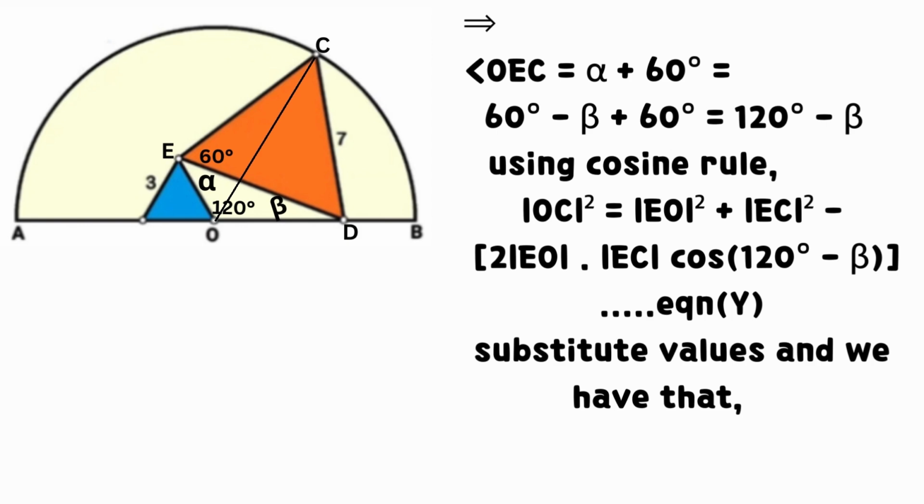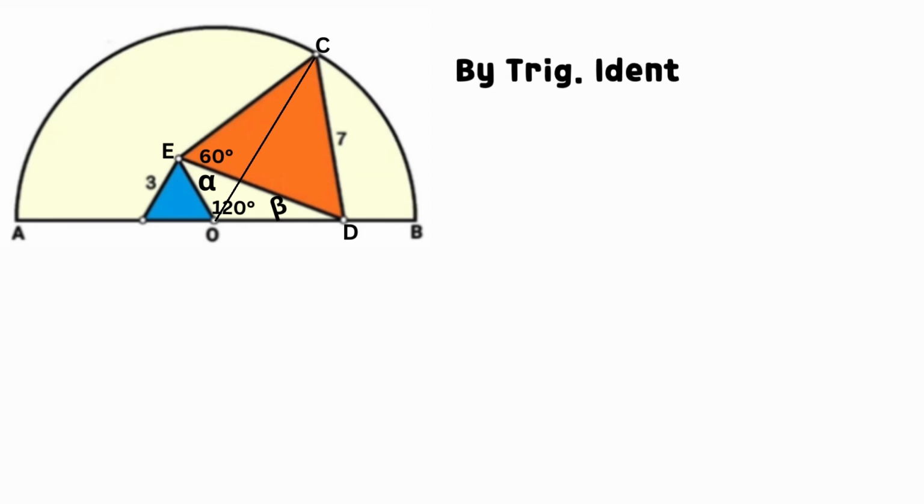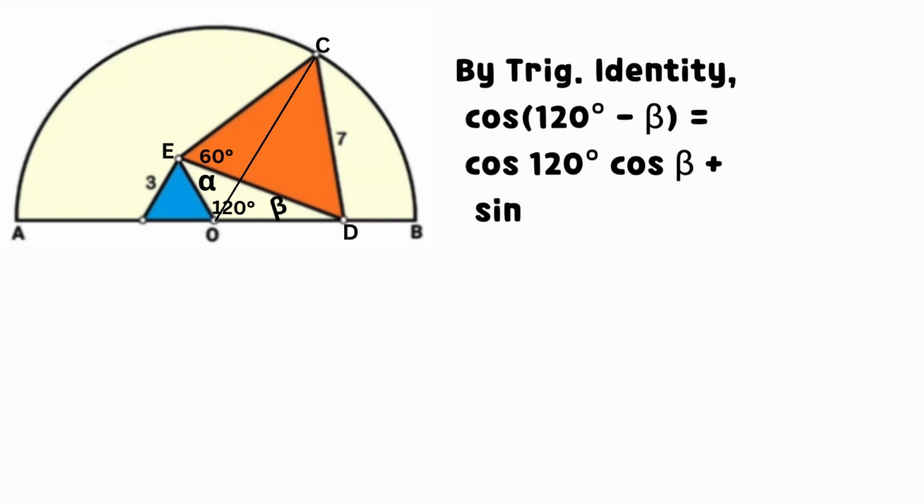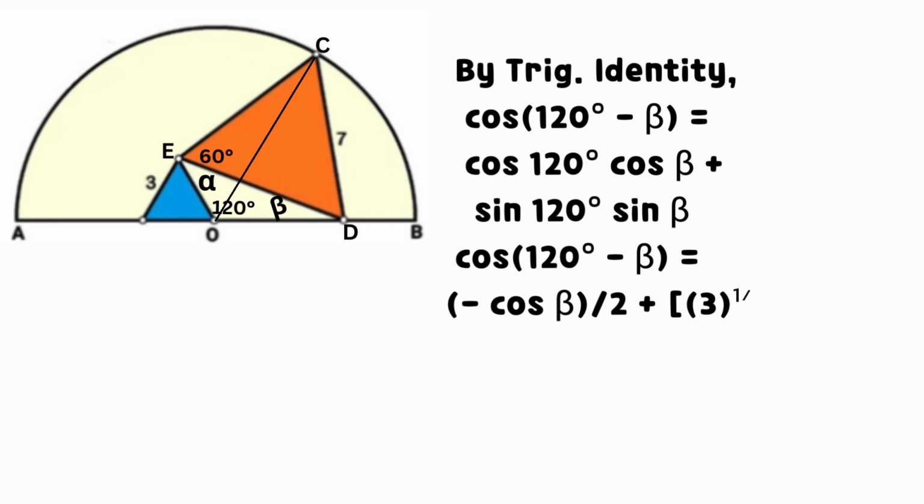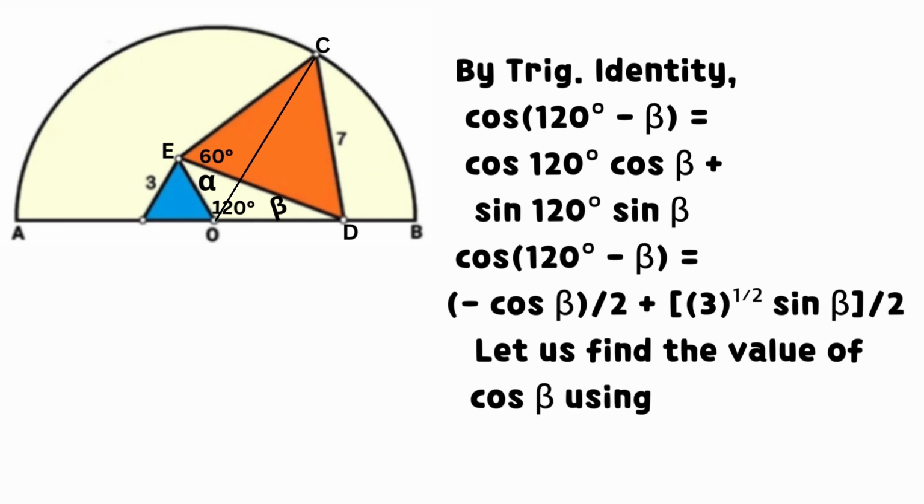We call it equation Y. Substitute values and we have that, by trigonometric identity, cosine of 120 degrees minus beta equals the sum of negative cosine beta divided by 2 and the product of the square root of 3 and sine beta divided by 2, after substitution of values and simplification.